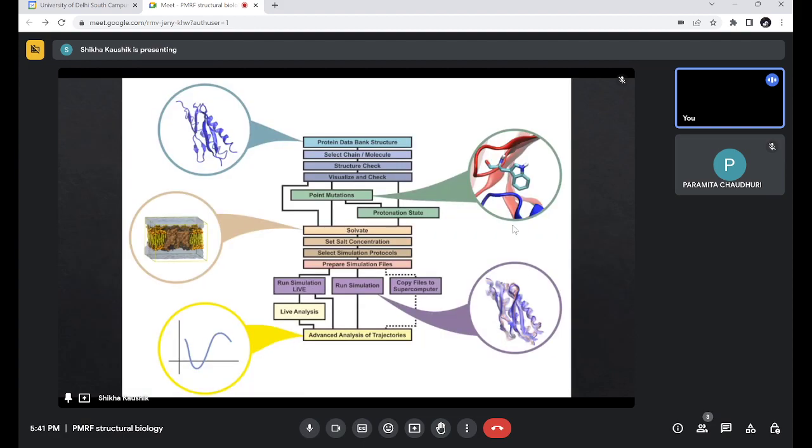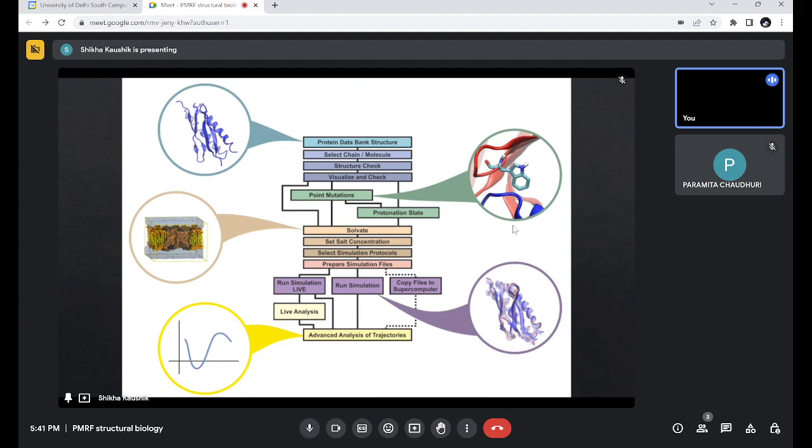This is just a representation showing how you do molecular simulation, especially when you are studying a protein, and how you get your protein structure from the Protein Data Bank. Then you make changes. For example, if you are trying to understand what changes lead to the inactivity of a particular protein, you have your original protein conformation.